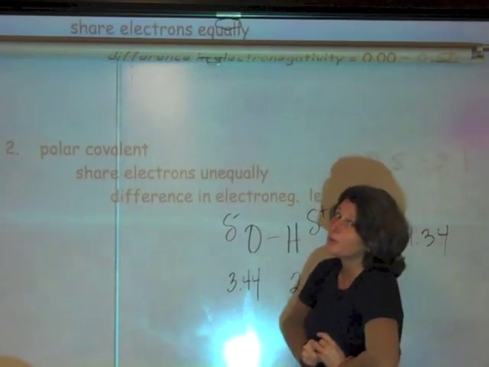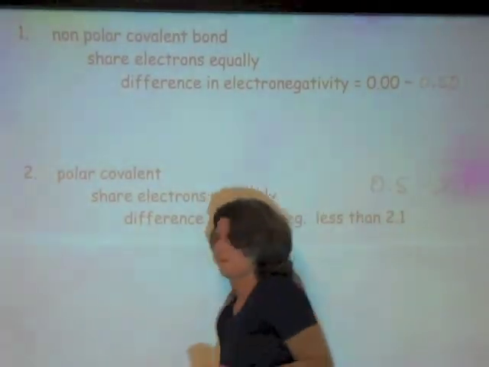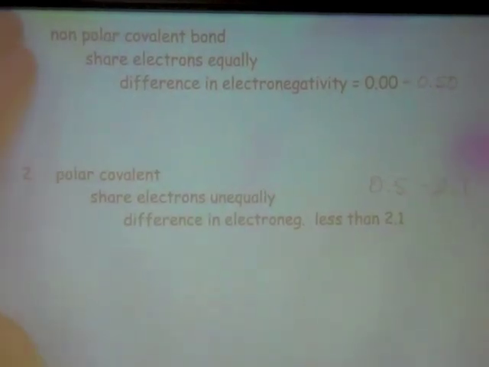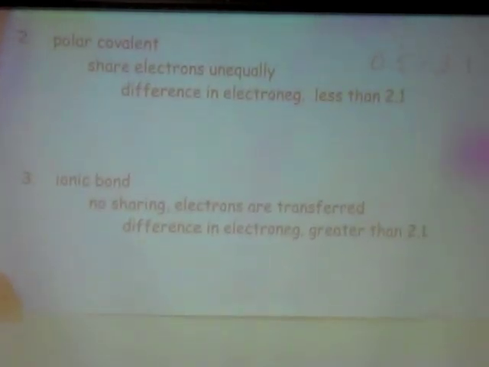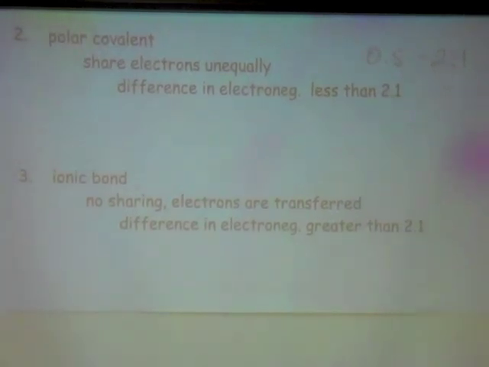Now, the most polar of bonds are ionic bonds. And there's no sharing involved. This is the selfish child and the poor child that has to sit next to them in kindergarten, right? The selfish child does not know how to share. It just steals all the time. Takes, takes, takes.